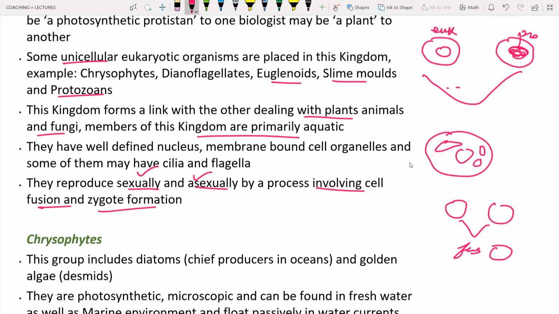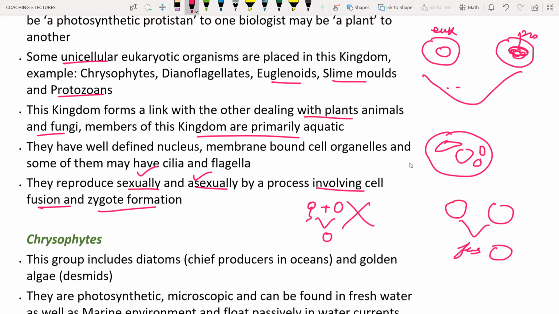Sexual means the union of gametes, where two cells are fused. For example, the male gamete and the female gamete fuse together to form a single cell, known as a zygote. Asexual means there is no formation and no fusion of gametes. So if it is sexual, there is zygote formation.